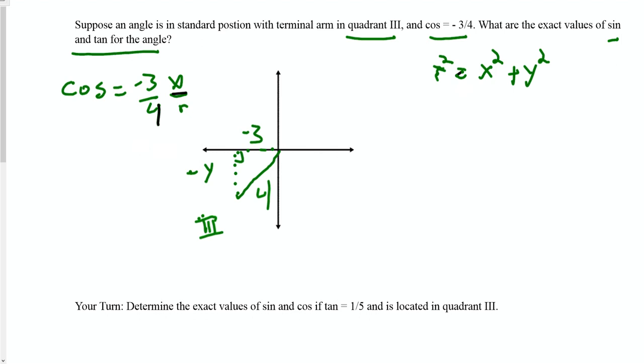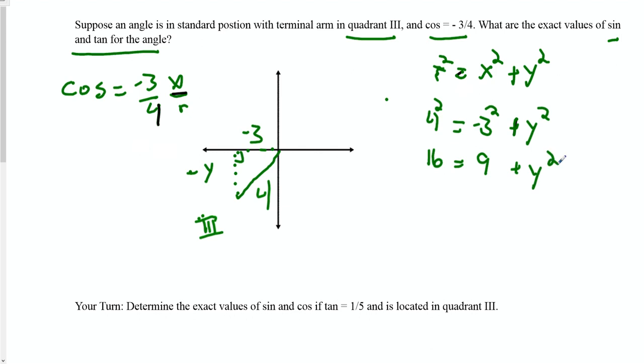So r squared, that's 4 squared, equals negative 3 squared plus y squared. So that's just going to be 16 equals 9 plus y squared.